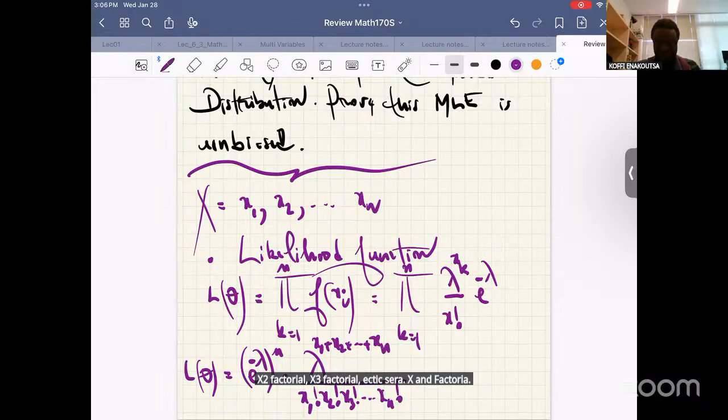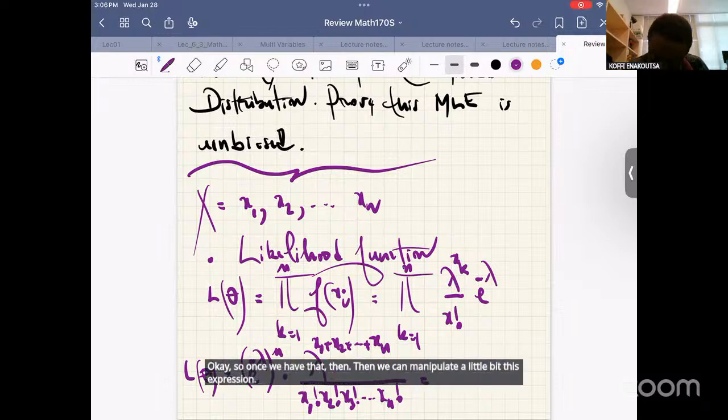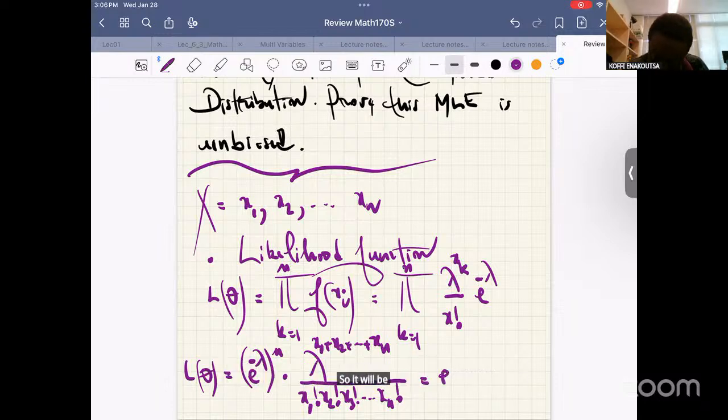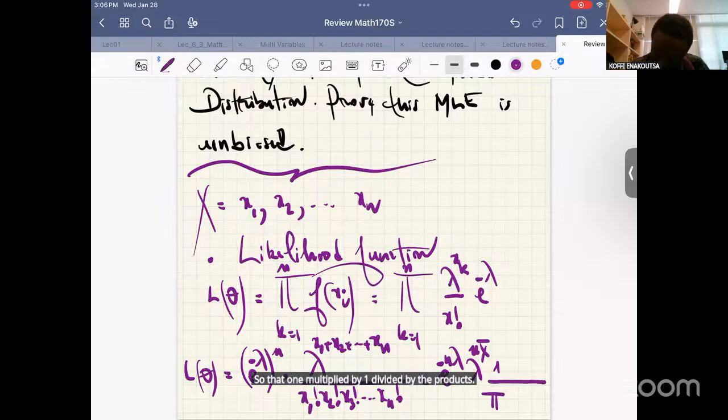We can manipulate this expression a little: it is exponential of minus n lambda, with lambda raised to the power n x bar, since the summation equals n times the mean, you can check that, multiplied by 1 divided by the product, i from 1 to n, of xi factorial.